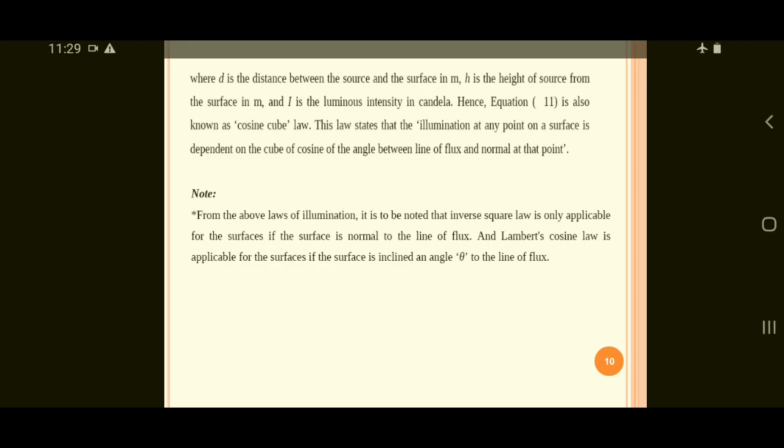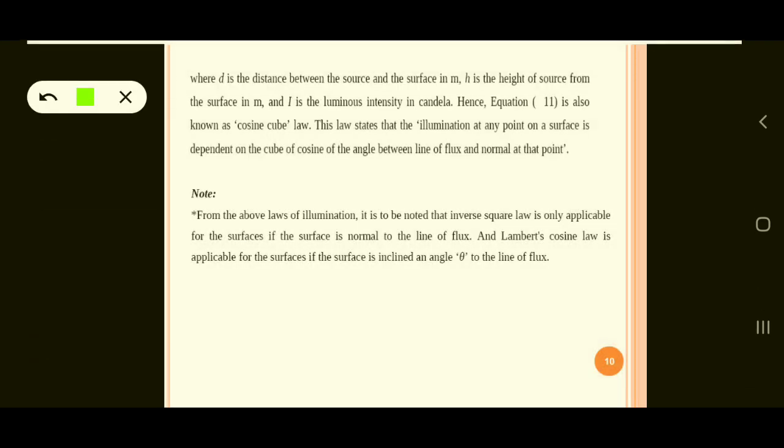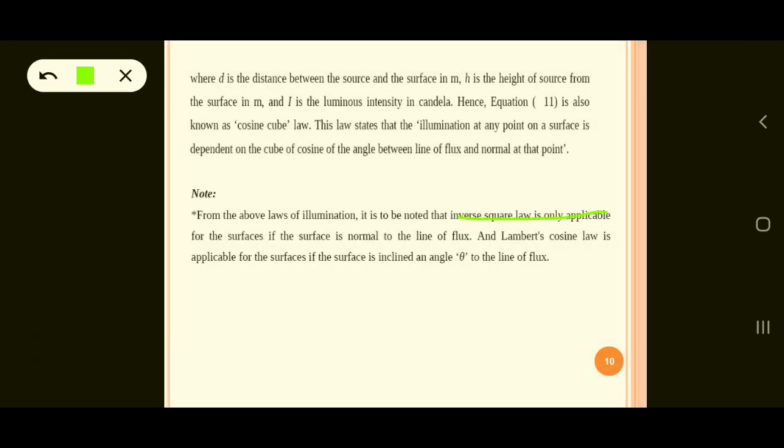Here the first law, the inverse law, is only applicable for surfaces if the surface is normal to the line of flux. That is the first law.